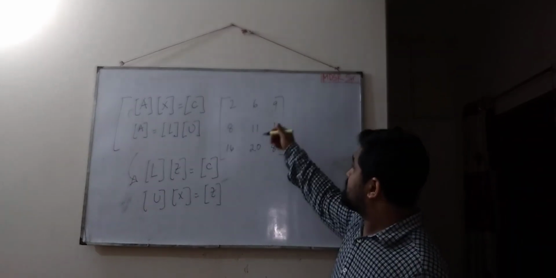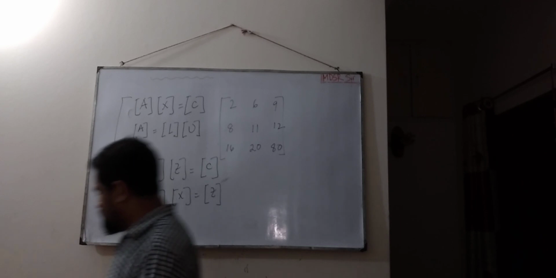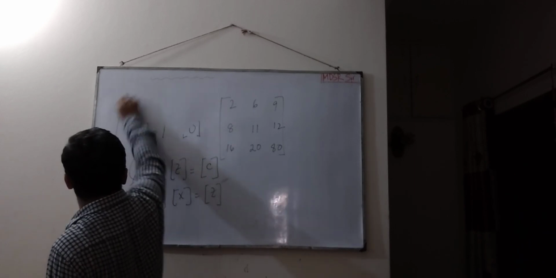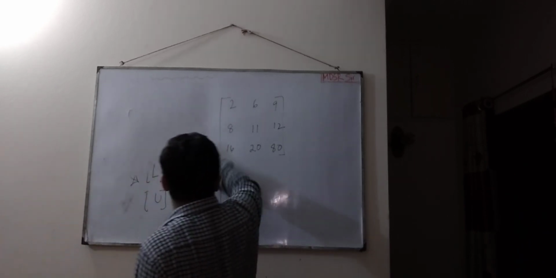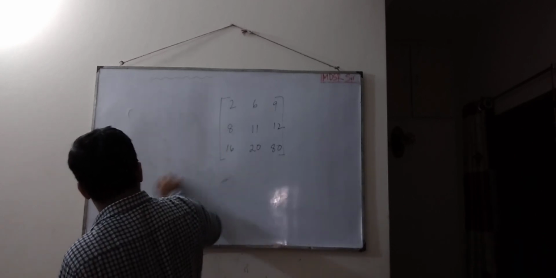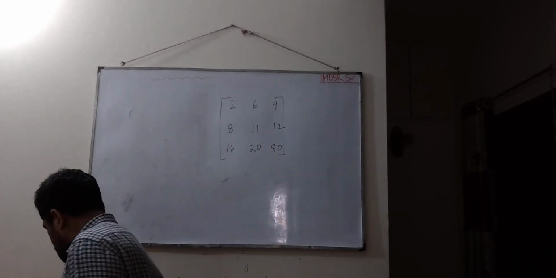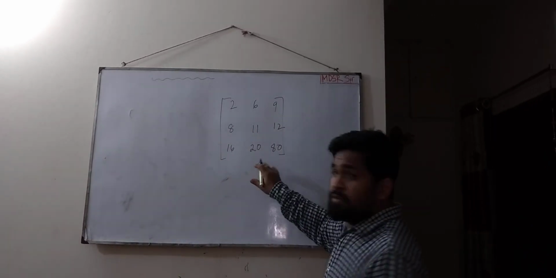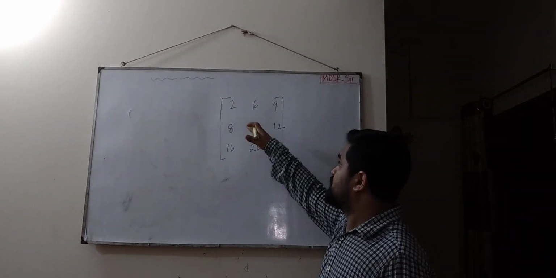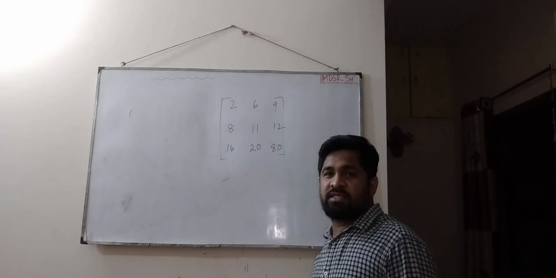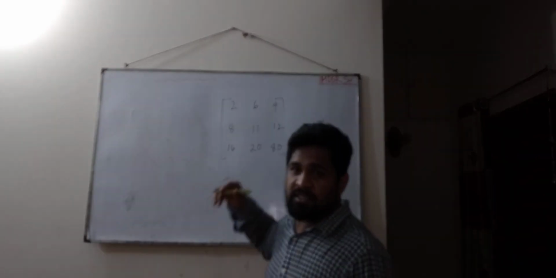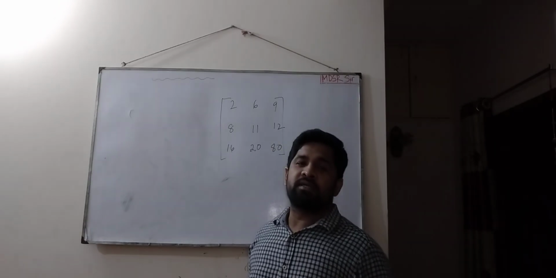First of all, we can use Gauss elimination to make this a triangular shaped matrix, which should be the upper matrix. I'm pretty sure you all know how to apply Gauss elimination.